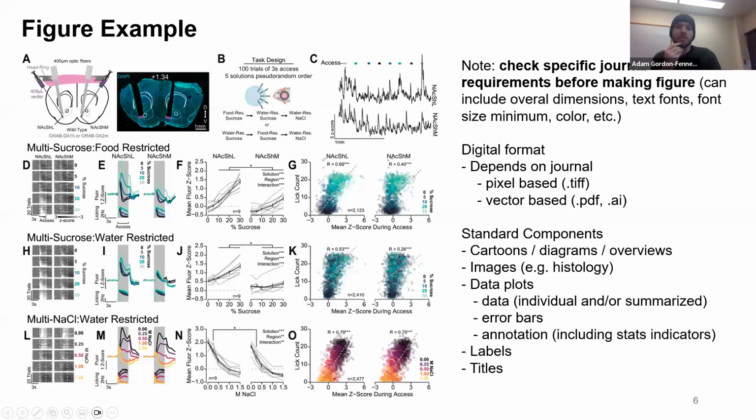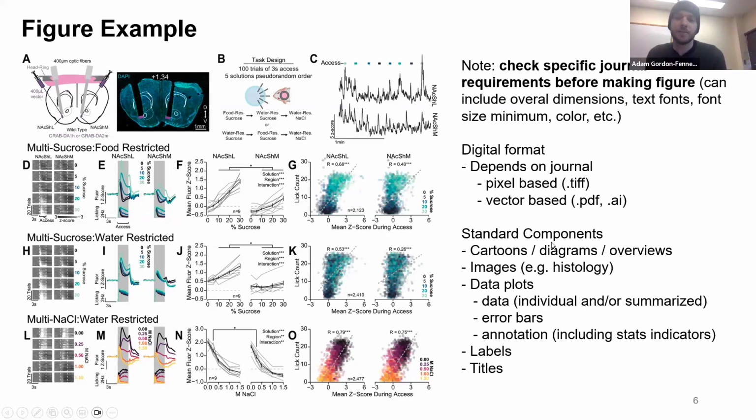So it's always good to start there. And they also have different requirements related to the formatting of the figures that have to get uploaded. So it's always good to check the journal prior to actually going through the process of building any of these.